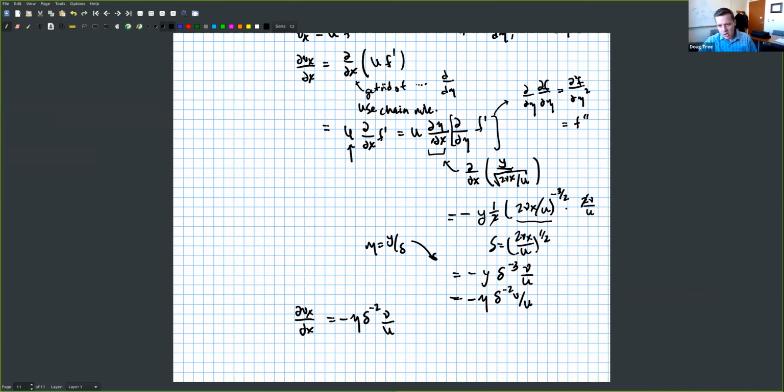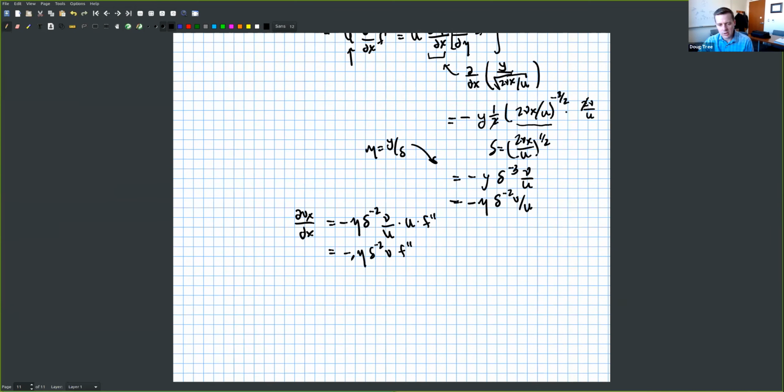So that was just that part there. So I need to multiply by u, and then I forgot the f double prime that we had at the end. So this is minus eta delta to the minus 2 nu f double prime. Okay, that's right.